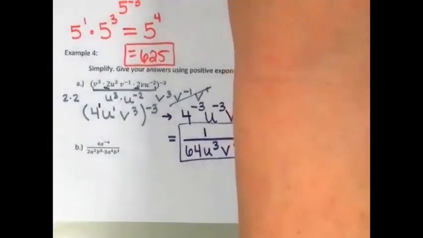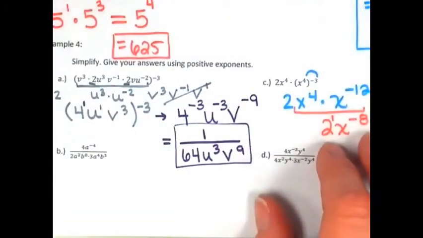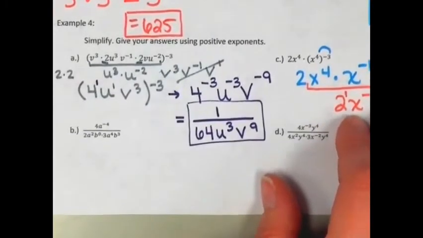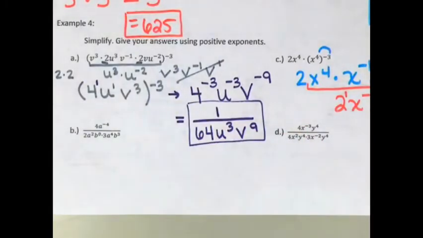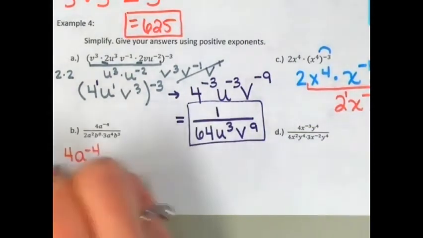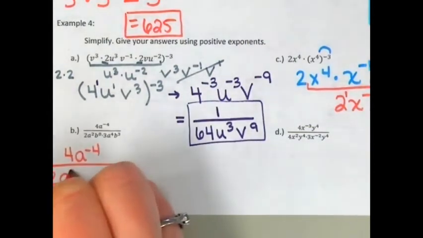All right. Looking at B here. Looking at here, what do you guys notice in B right off the bat? There's a 0. So what can I do to that 0? I can get rid of it, can't I?